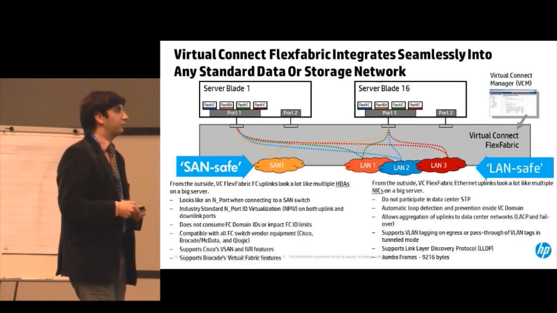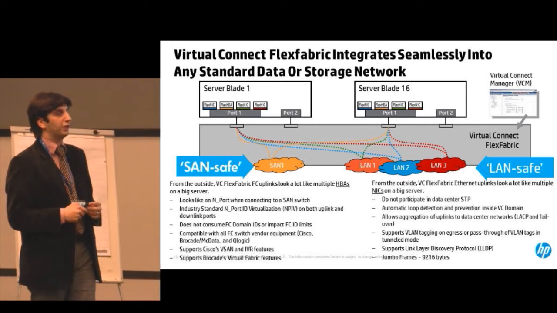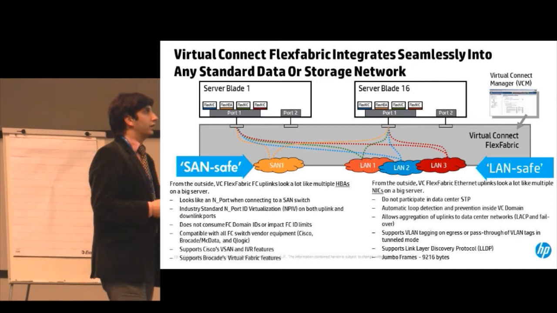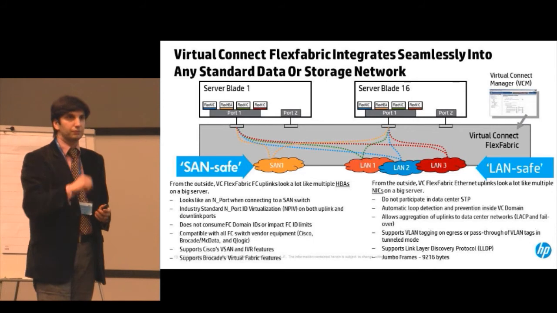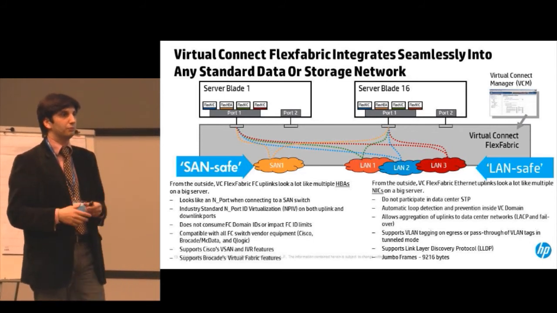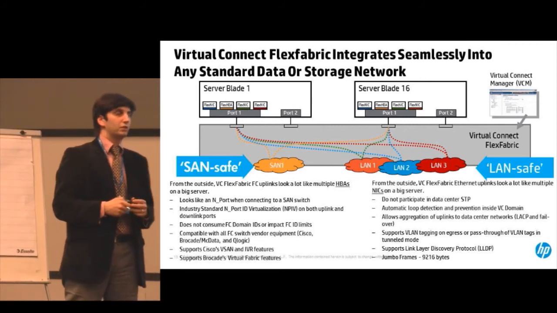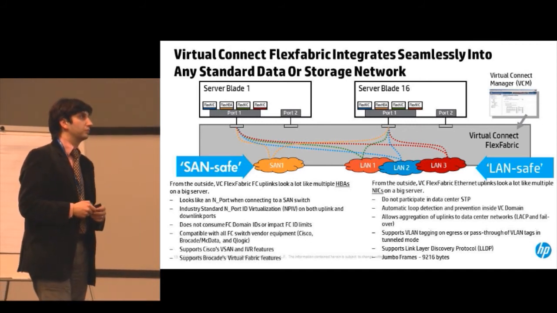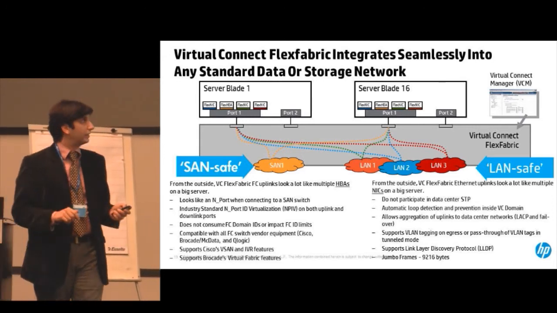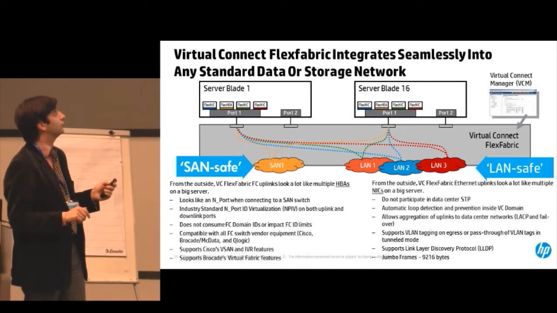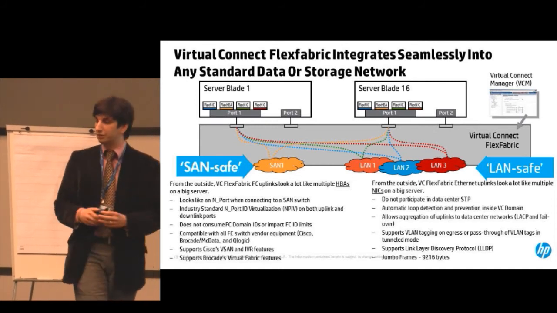We do not participate in the spanning tree protocol, to avoid looping and to make this connectivity transparent for the external switches. We also have a loop control prevention mechanism to make sure that by plugging in some cables by mistake, you won't create a loop in your network and bring it down. And then the server gets its port, which utilizes all this connectivity as described in the server connection profile.